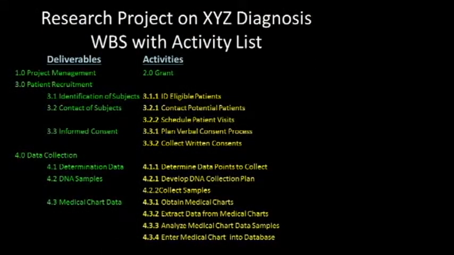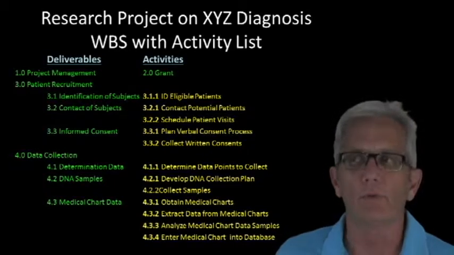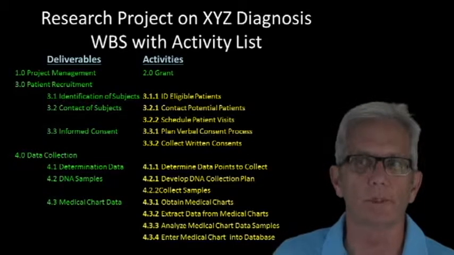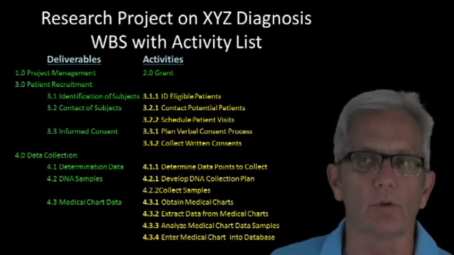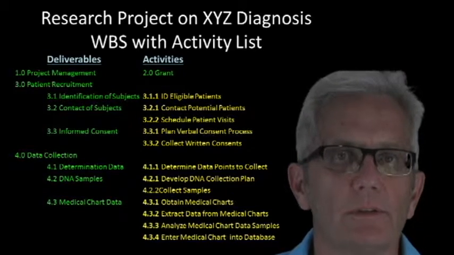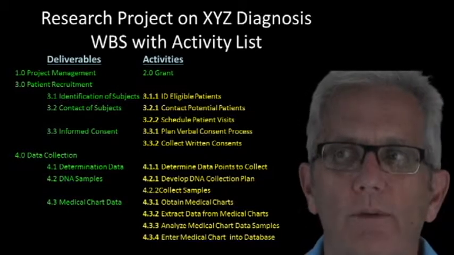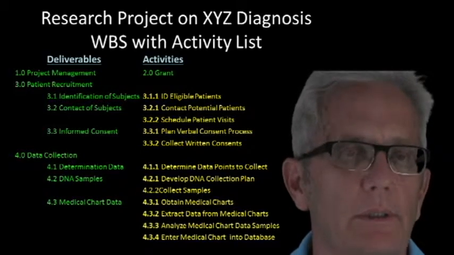So if we're going to create the budget, there's several pieces of information that we need to begin with. First of all, from the work breakdown structure, we need to know what are we creating. Then we need to understand, that's all the deliverables. Then we need to understand the work activities. And we have to know when those work activities are going to be completed.